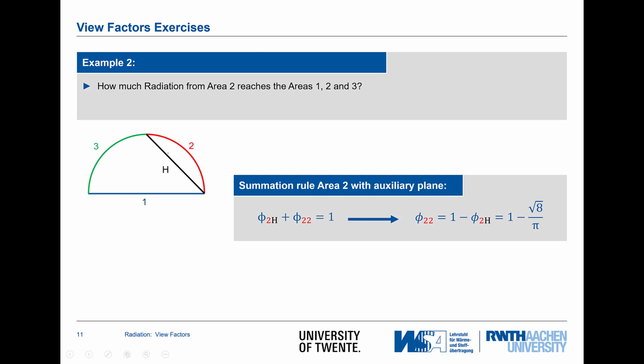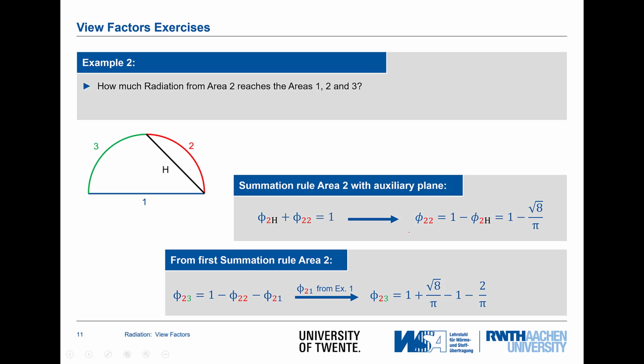So by using the auxiliary plane, I could calculate phi 2 to 2. And from the first summation rule, I can now determine phi 2 to 3. Phi 2 to 2 I know, phi 2 to 1 I got on the last slide. So phi 2 to 3 is this expression, and at the end it's 2 times square root 2 minus 1 divided by pi.